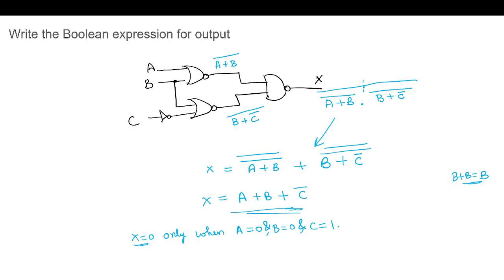Okay. So next we will solve some questions simplifying using De Morgan's theorem and other Boolean theorems. Simplify using De Morgan's theorem. The question is A bar, B, C bar, full bar.